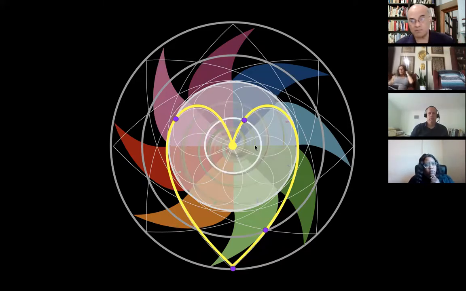Okay. Now I'm going to go to the next stage, where I'm going to talk about the circular part, but I'm going to do it in stages. So you can divide this diagram into two vertically like this. The left side is the yin and the right side is the yang.